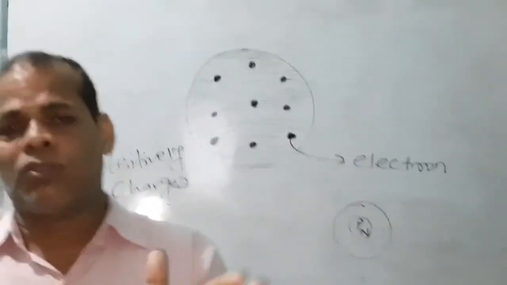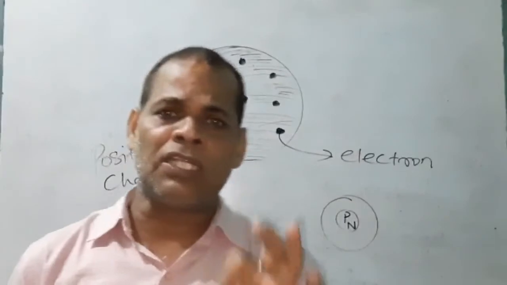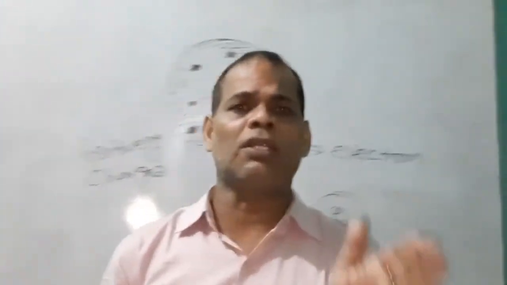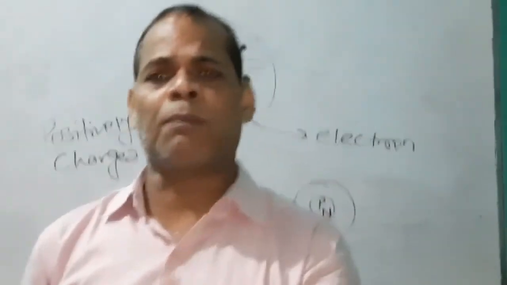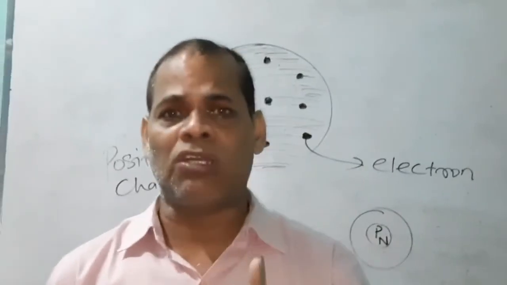The nucleus which contains an equal number of protons and neutrons is considered to be the most stable nucleus.